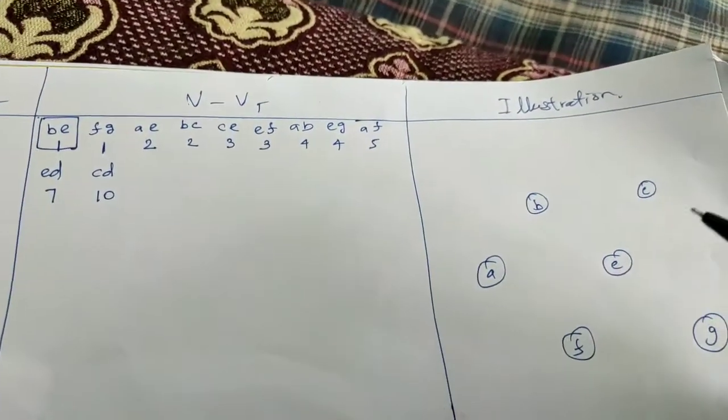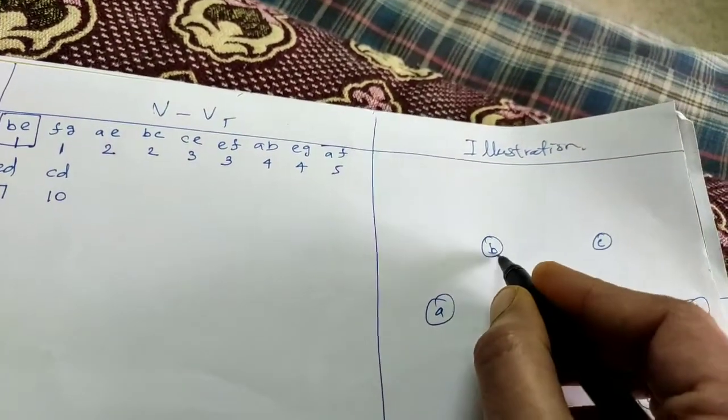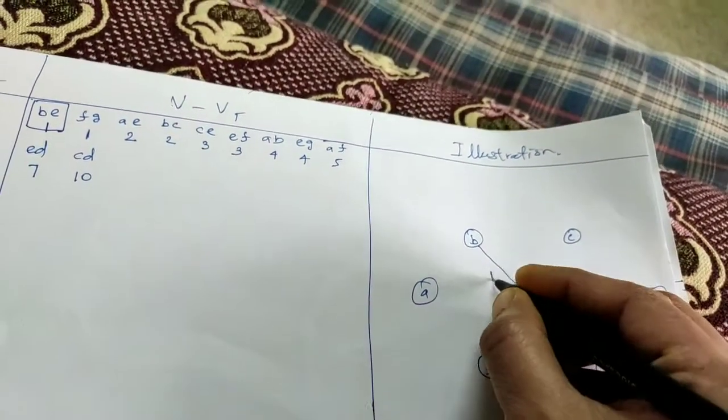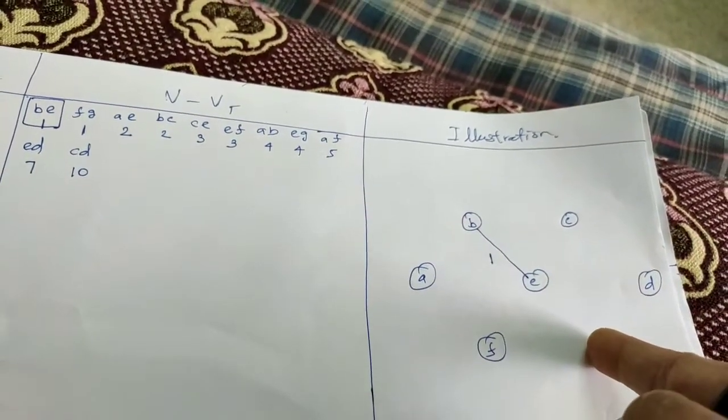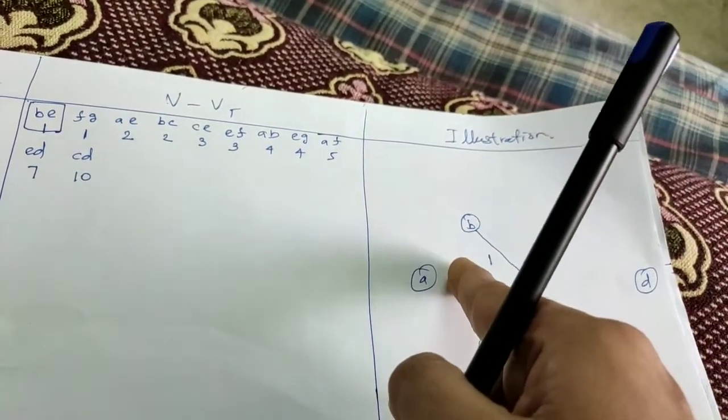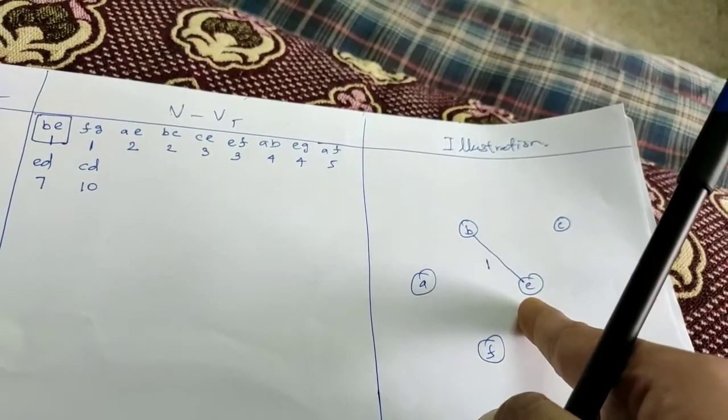Now let me include the edge BE in the empty graph. Will it form a cycle? It is not forming a cycle. So I can include it in the empty graph. So this is the first edge I have included in the spanning tree.